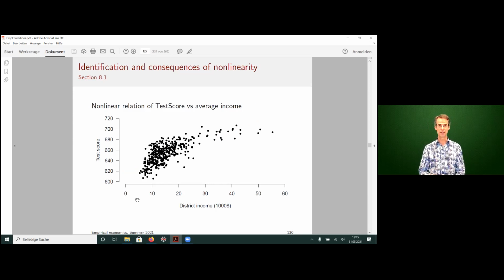And if you feel that this intuitive approach is not sufficient and you want a more formal test, you're invited to visit the course on econometrics, where we present a more formal way of testing nonlinearity. But here, this visual approach is a good idea to understand what's actually going on.